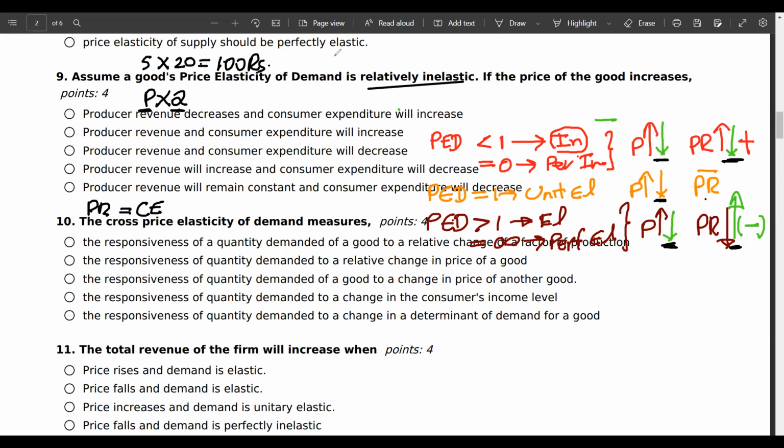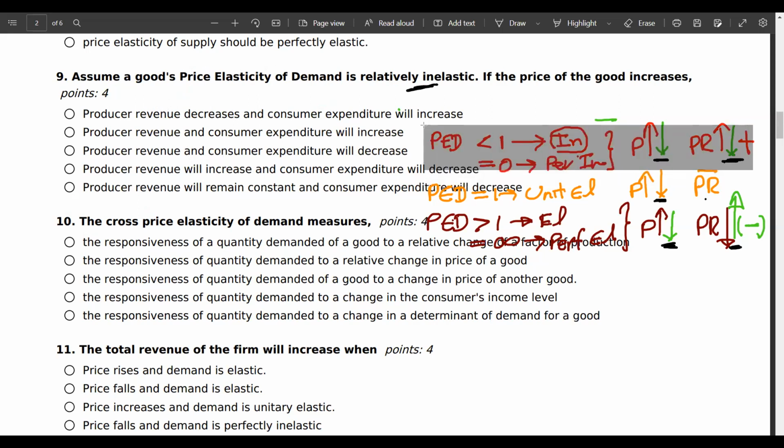So for this question, it's simple. Whatever happens to producer revenue, the same will happen to consumer expenditure. And they are saying price elasticity of demand is relatively inelastic, so we are looking at the positive relationship between price and producer revenue, consumer expenditure.